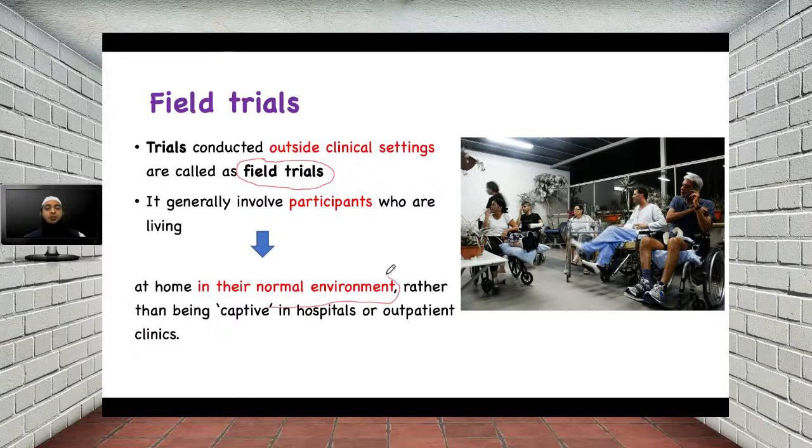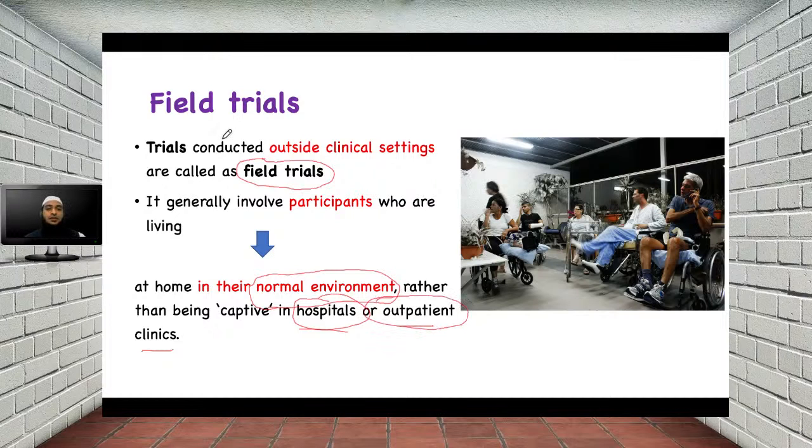So you do not have control over what environment they are living in. They are living in the normal home environment rather than being captive in the hospital or outpatient clinic. In a clinical trial, you are keeping that patient in the hospital, or in the outpatient clinic, isn't it?